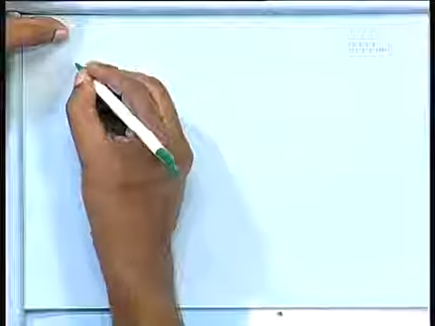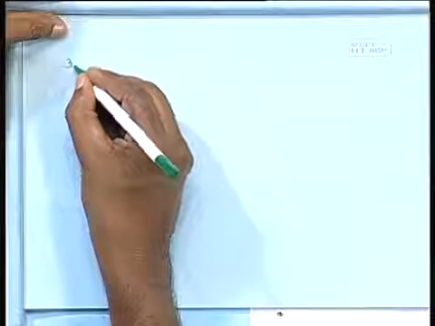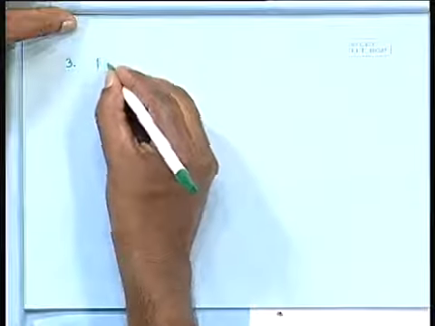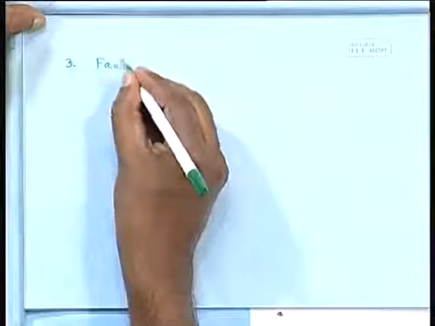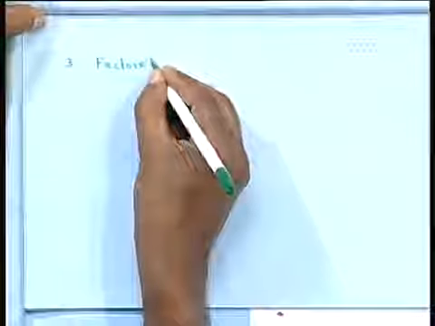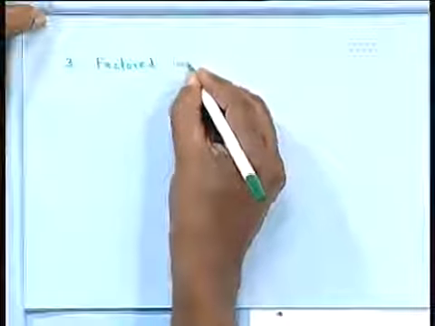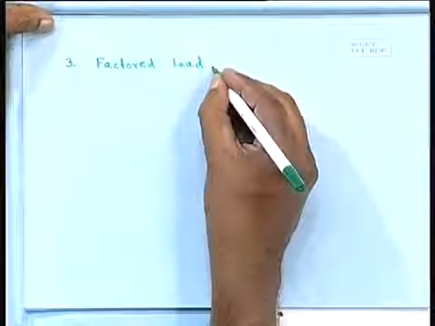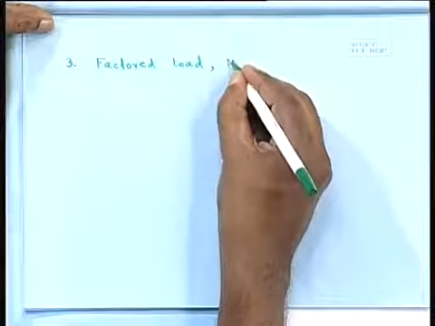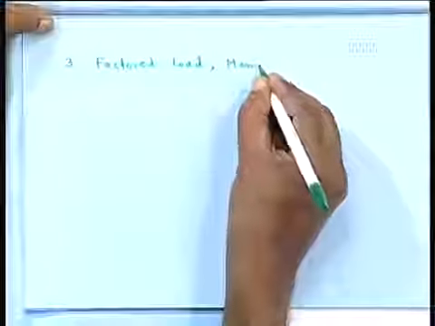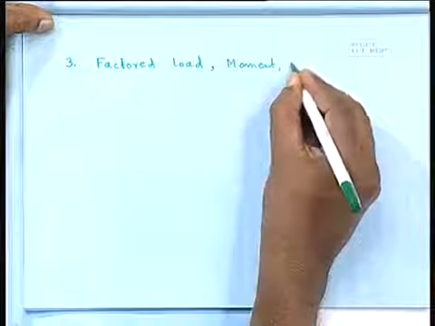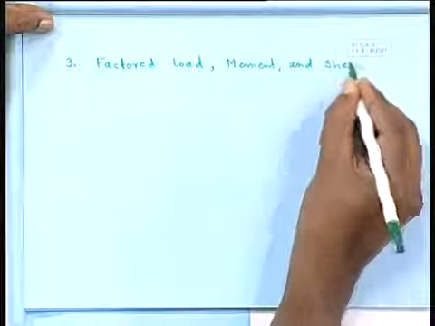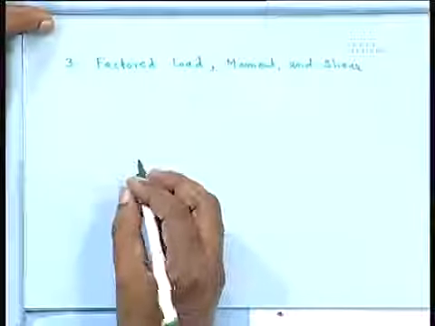Let us continue with number 3. Now, we have to take the factored load, and we have to calculate also the bending moment and shear. How much will be the factored load?